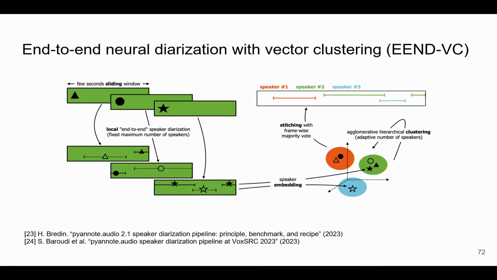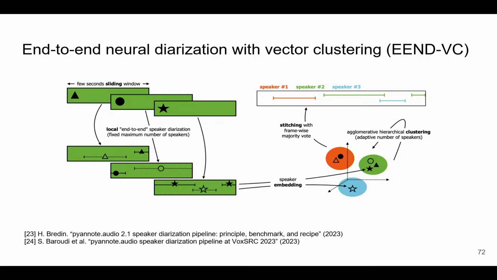However, nowadays, probably the main reason for this approach to be so popular is that Pyannote implements this type of model, or a slight variation, but very similar. And the idea, and this figure is taken from those papers, is, well, you run your end-to-end on sliding windows, so you have this local end-to-end.